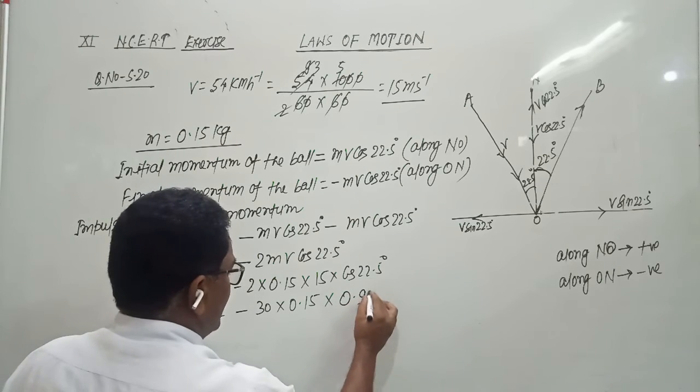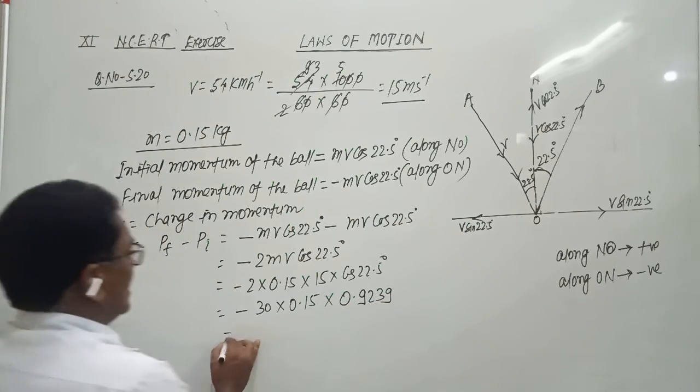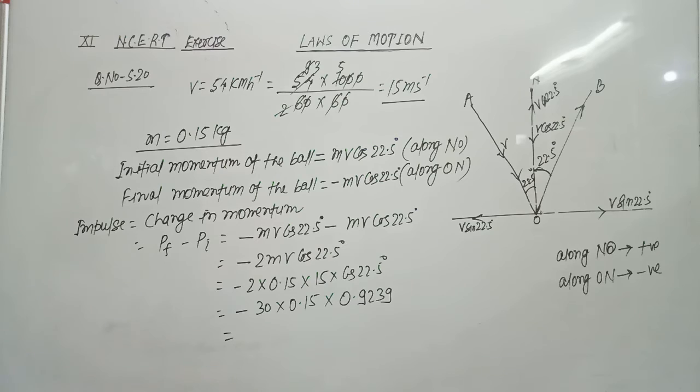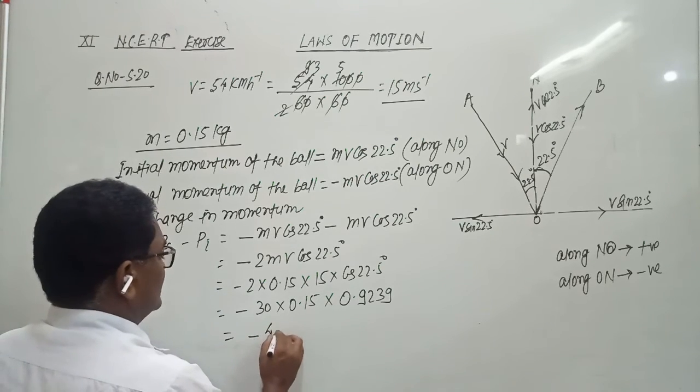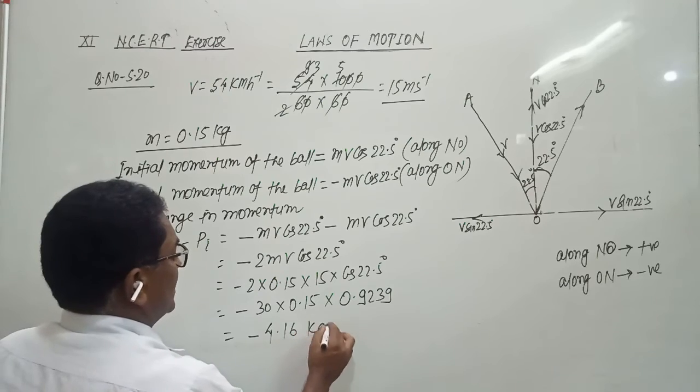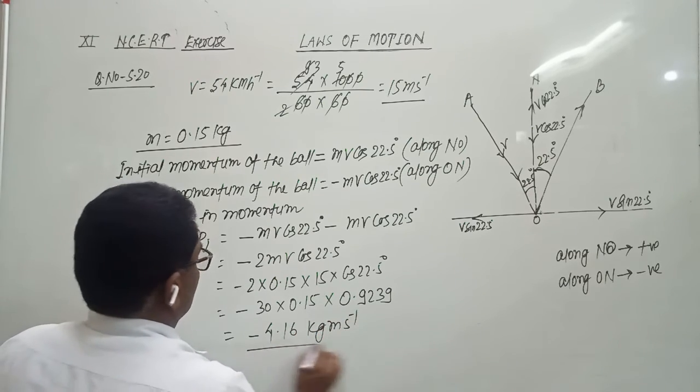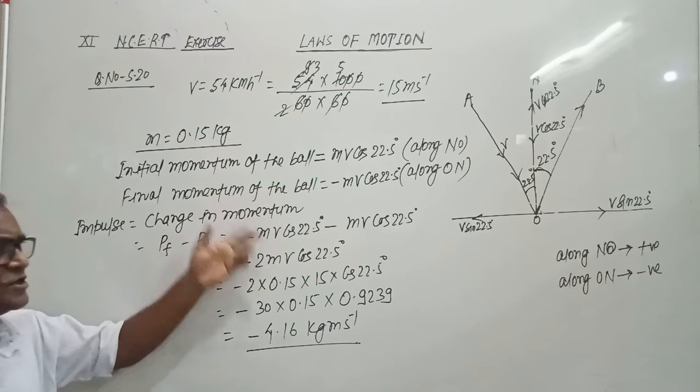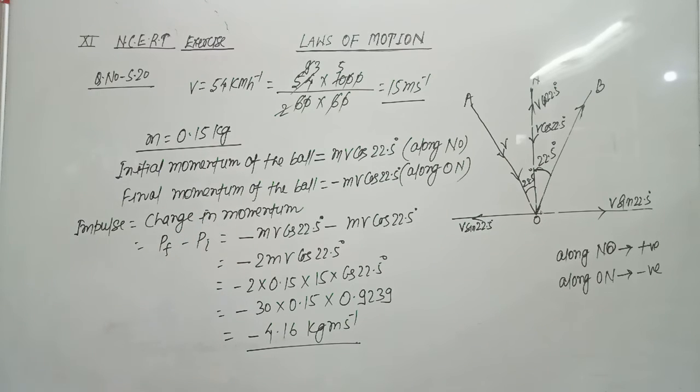When we multiply it, we get the result 4.16 kg meter per second. So this is the impulse, which equals the change in momentum, meaning final momentum minus initial momentum.